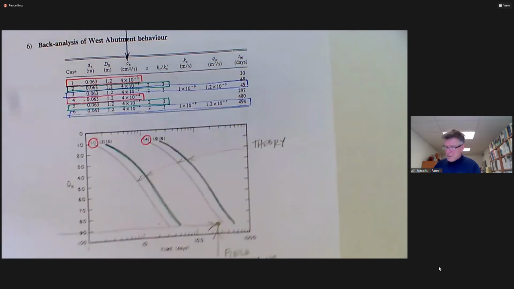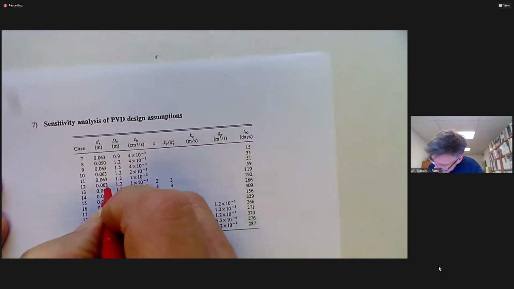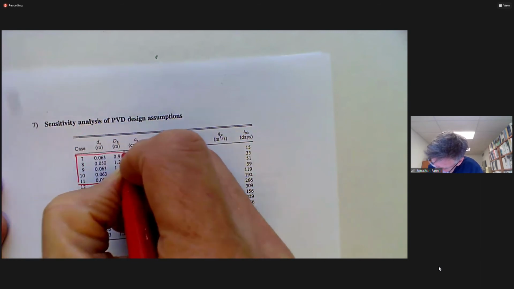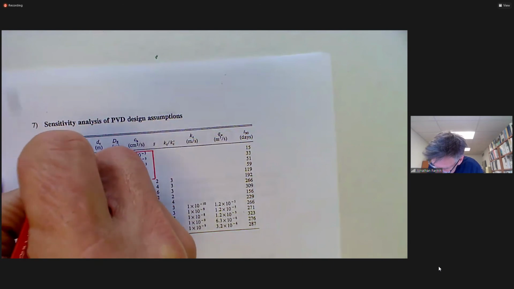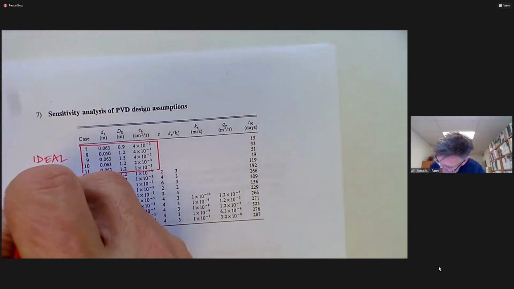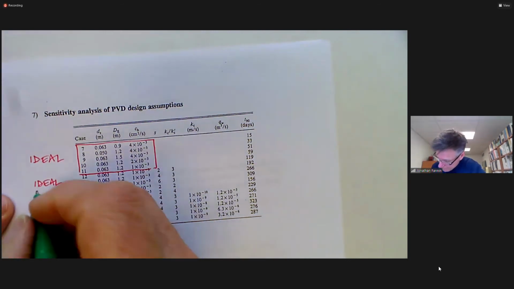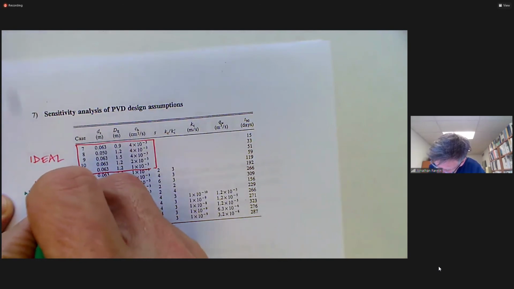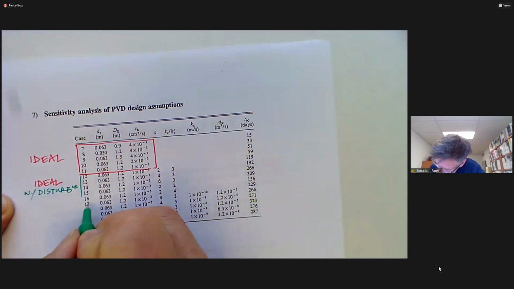We did a sensitivity analysis to the ideal case, to the ideal case with soil disturbance, and that's what would be those ones.